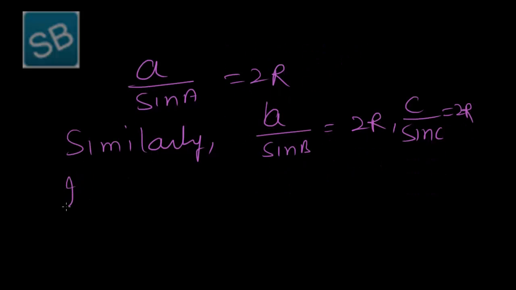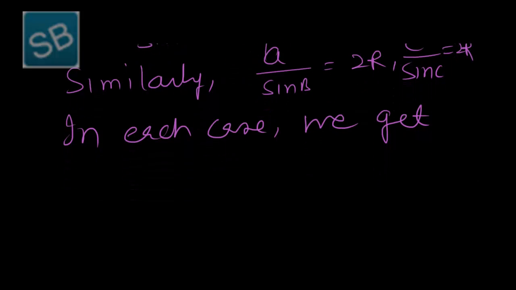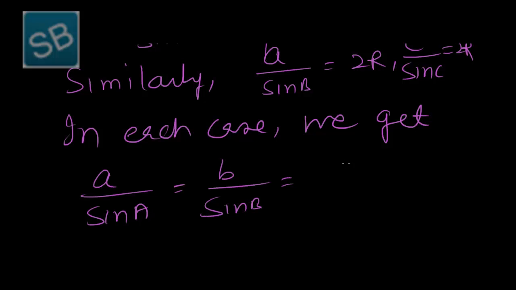So in each case the sine rule is followed, that is A over sine A is equal to B over sine B and C over sine C is equal to 2R, which is a constant quantity as the radius of a circle is constant. So this is the sine rule that is derived, and it creates an exact relationship between the sides and the angle opposite to that side.